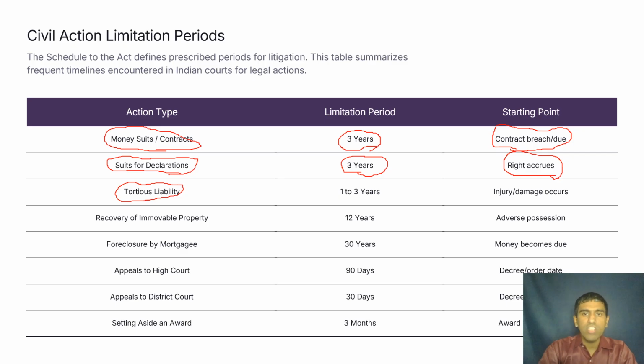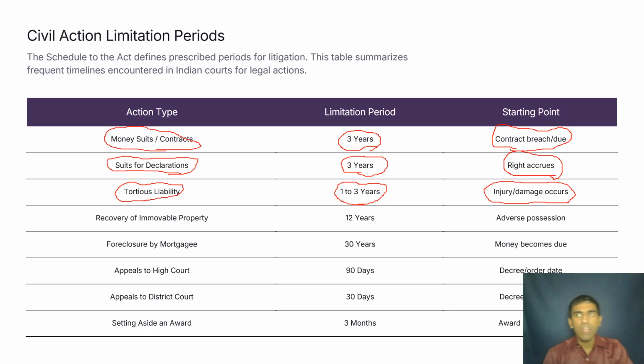Again, the limitation period differs. The minimum is 1 year and the maximum is 3 years, depending on the type of tort. The starting point is again when the injury or damage has occurred to the plaintiff.